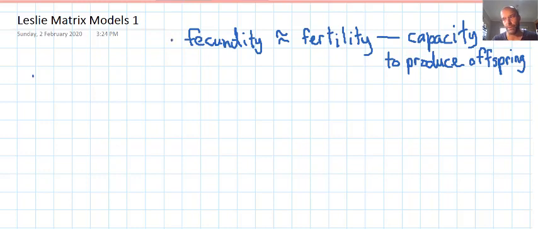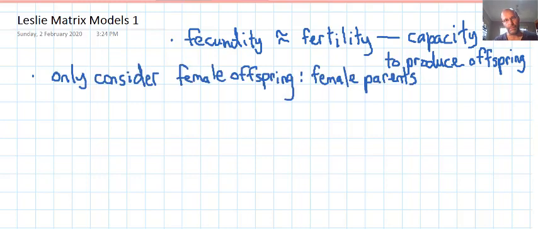It's common practice in the model to consider only female offspring born to female parents. The reason why is that paternity, fathers in the wild, is a bit of a problematic issue in terms of tracking things and getting reliable primary data in field studies.